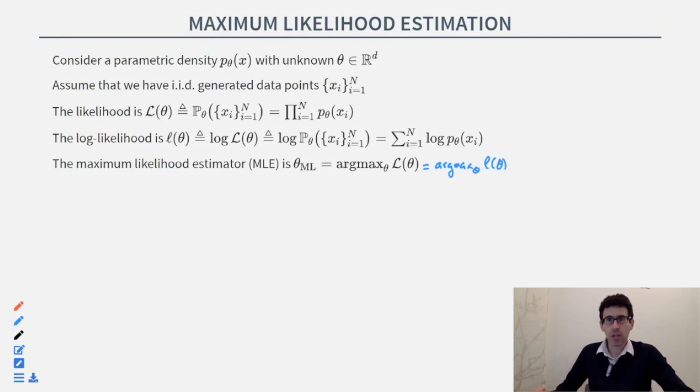And that's it. So the maximum likelihood is nice because there is a nice interpretation to it. It is the parameter that best explains the data. And second, it's also something nice because in practice, there are many situations where we can actually come up with closed form expressions.